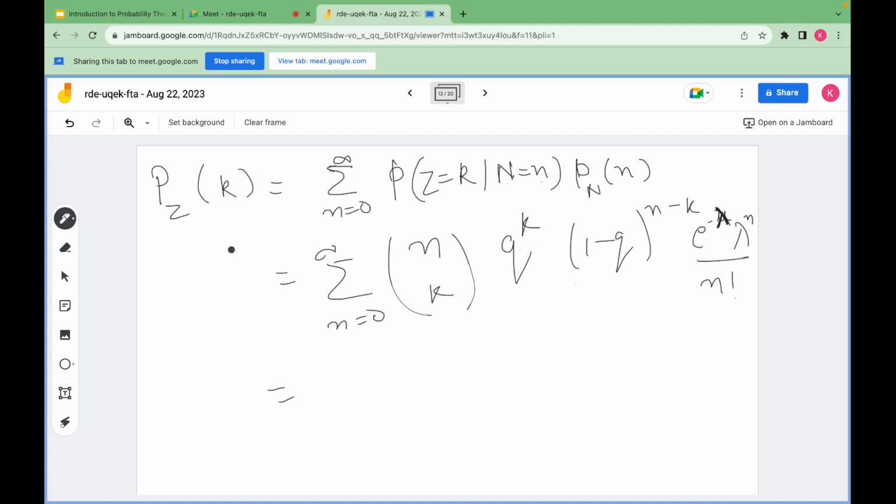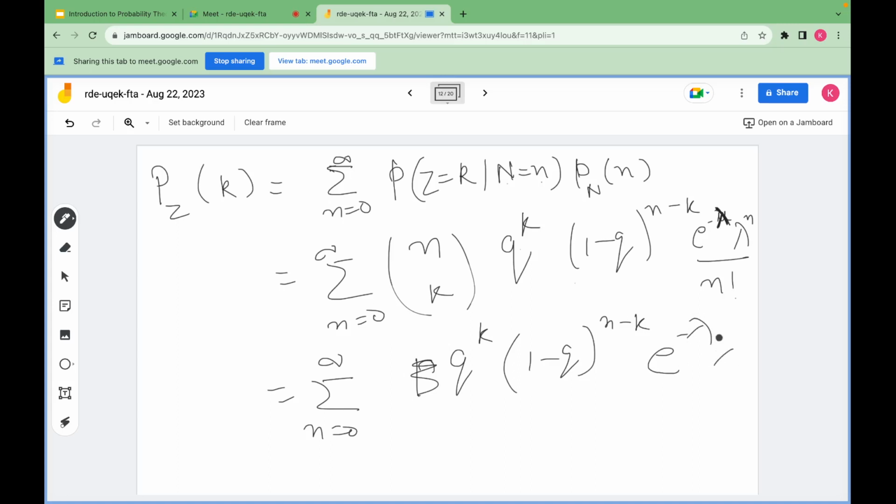So now, on expanding this, we will get q to the power k, 1 minus q to the power n minus k, e to the power minus lambda, lambda to the power n divided by k factorial into n minus k factorial, because when we open this binomial coefficient it will be n factorial divided by k factorial into n minus k factorial, so the n factorials will cancel out.